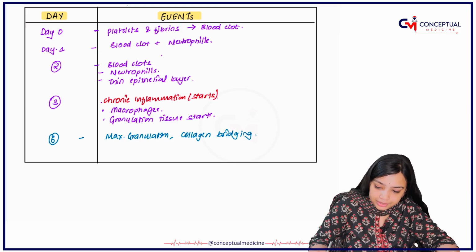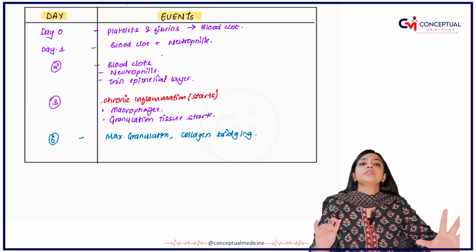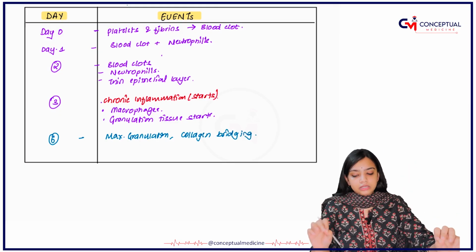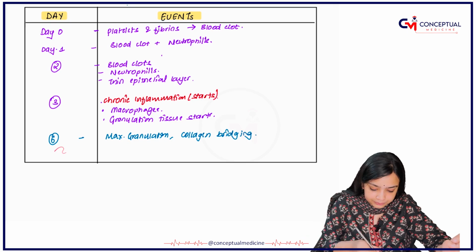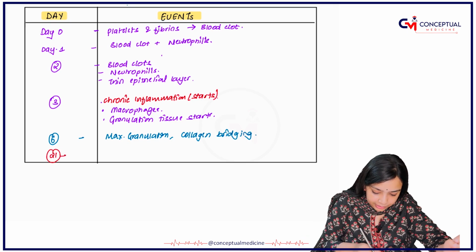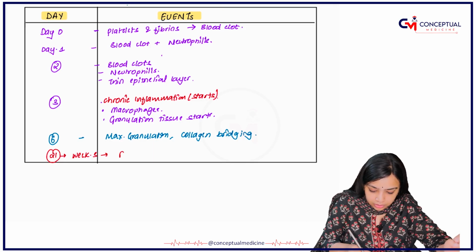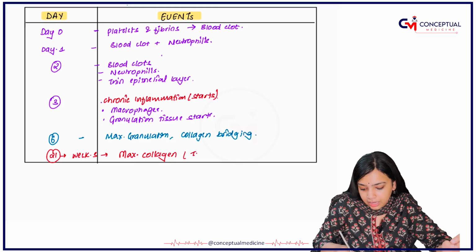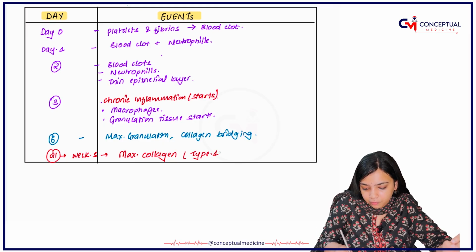Next thing, on day 21, mostly the process ends by week 3 or day 21. Okay, day 21 or week 3. So there is maximum collagen. Which type of collagen? You mainly have type 1 collagen.